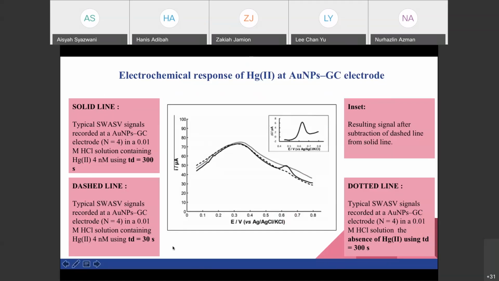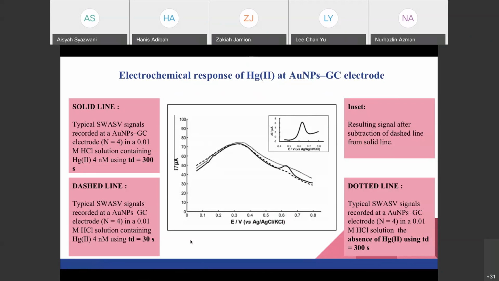So the dashed line is a typical square wave anodic stripping voltammetry signal recorded at a gold nanoparticle glassy carbon electrode in 0.01 molar HCl containing mercury 2+ 4 nanomolar using Pg equal to 30 seconds, and the dotted line is a typical square wave anodic stripping voltammetry signal recorded at a gold nanoparticle glassy carbon electrode with n equal to 4 in 0.01 molar HCl solution in the absence of mercury 2+ using Pg equal to 300 seconds.